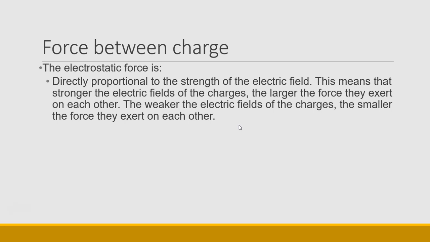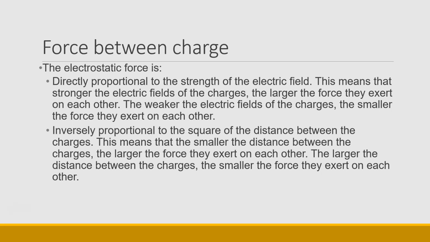The other relationship is that electrostatic force is inversely proportional to the square of the distance between the charges, and we will see that in a formula shortly. But what that means is that the smaller the distance between the two charges, the larger the force that they exert on each other.